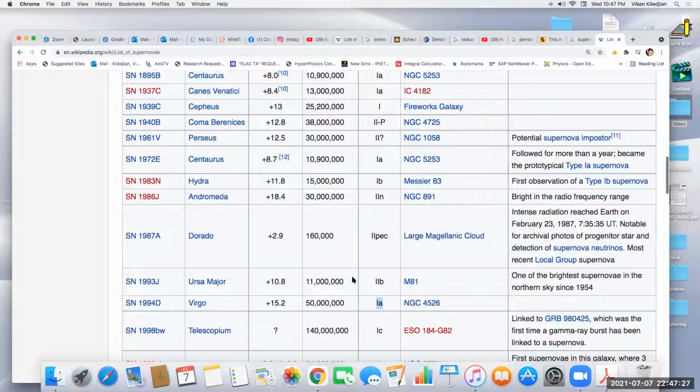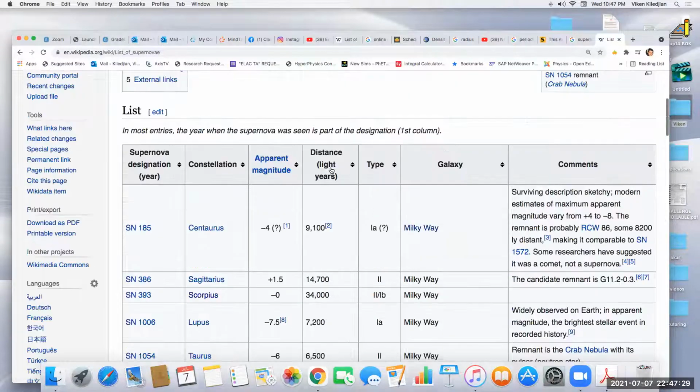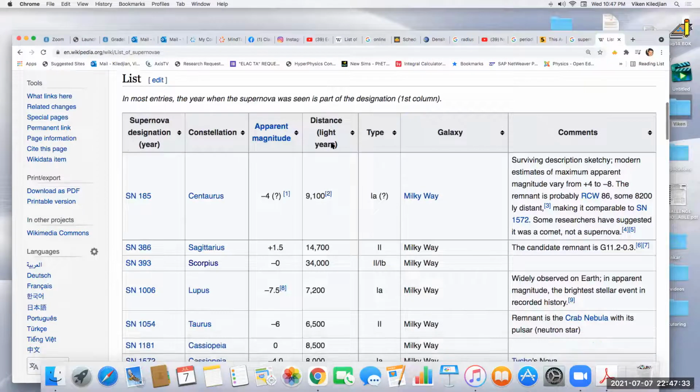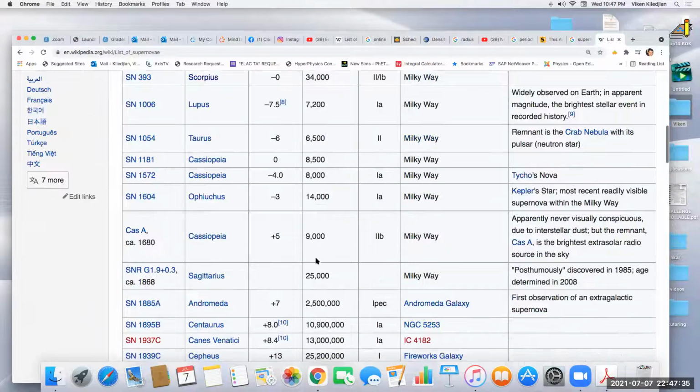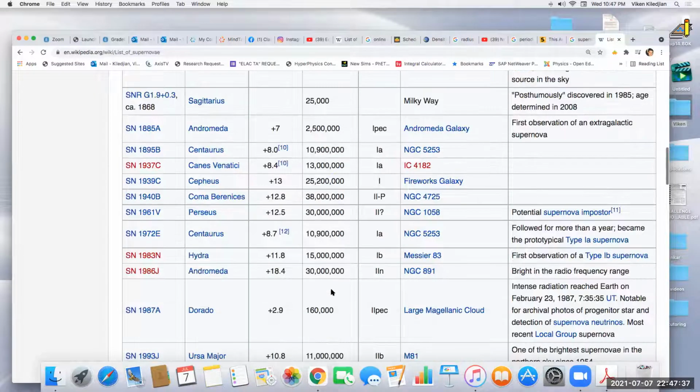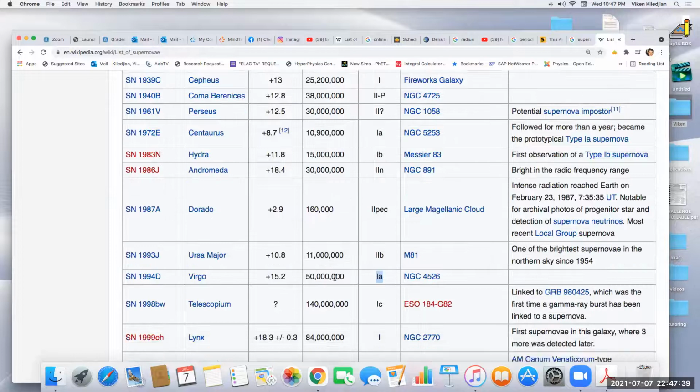So what was this third column? The distance in light years. So the distance of that star was 50 million light years.